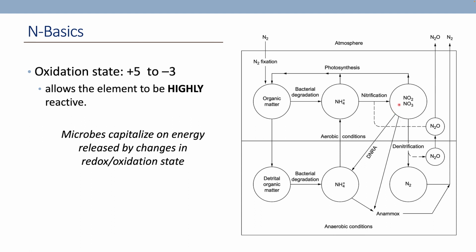We have processes that are energy consuming, meaning they require energy for them to happen. If you look at the top flow chart, this is photosynthesis. We are taking nitrate and ammonium and turning it into organic matter. We are basically assimilating this nitrogen through photosynthesis and other assimilatory processes and creating organic matter.